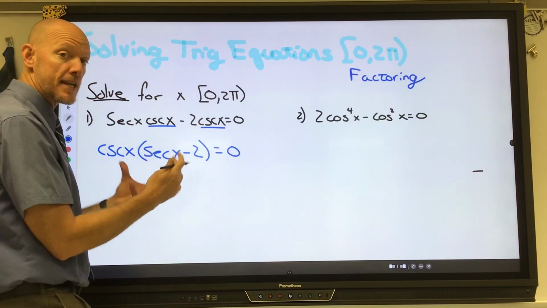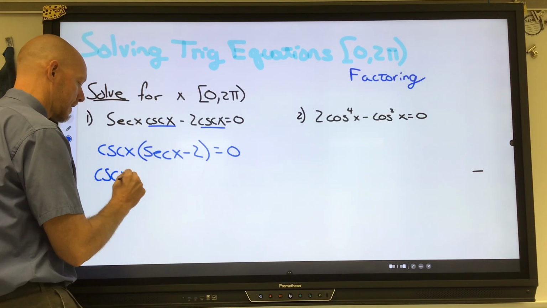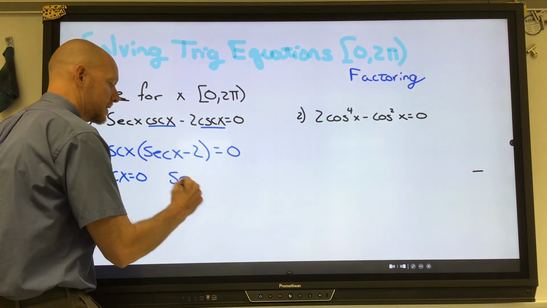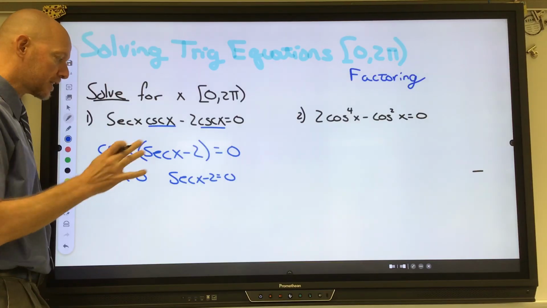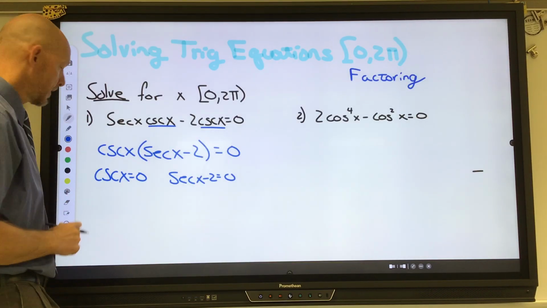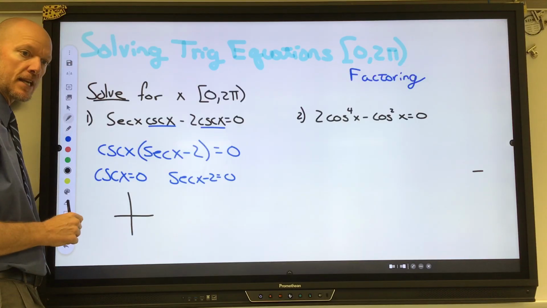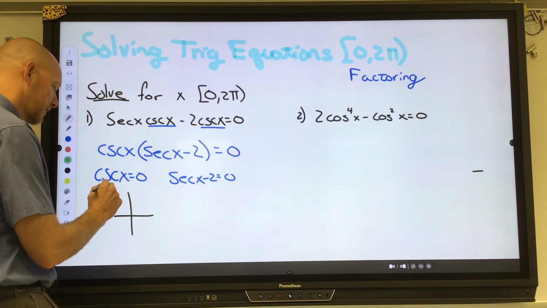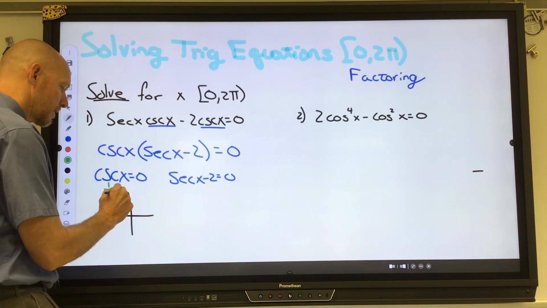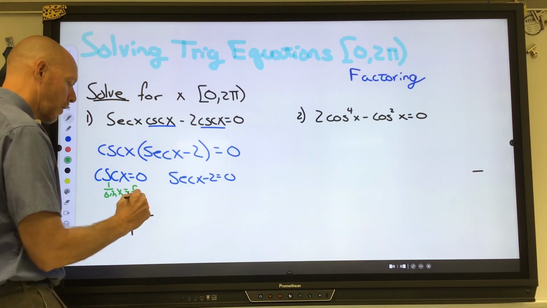Now this is nice because I can use the zero product theorem. I can say cosecant x equals 0, or secant x minus 2 equals 0. I have to solve each one independently. In the first one, I have cosecant x equals 0. I have to remember cosecant is the reciprocal of sine, which is r over y.